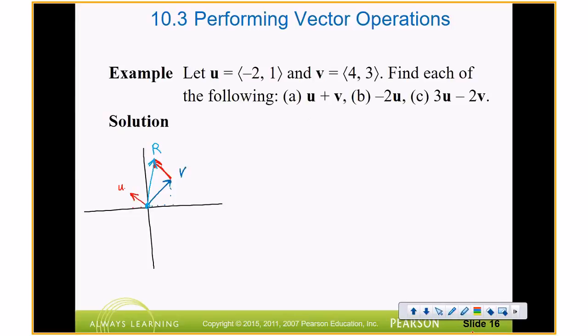Okay, so -2, comma 1 plus blue 4, comma 3. So what's -2 plus 4? 2. And 1 plus 3? So that is your answer to that.